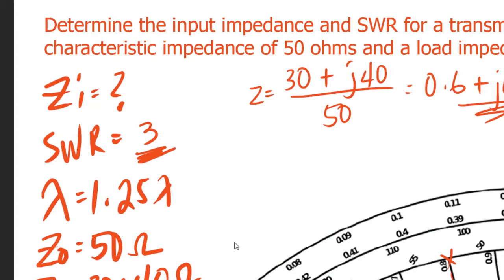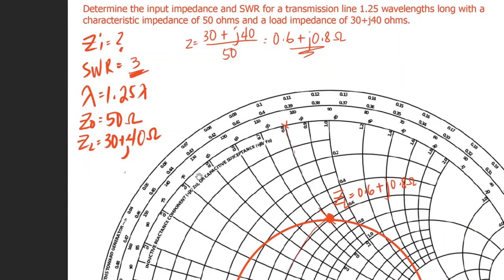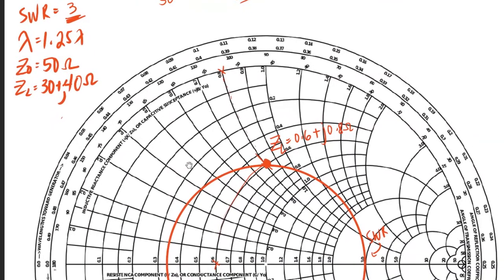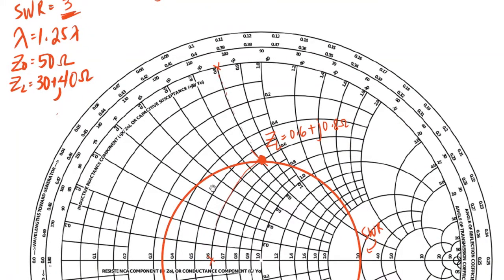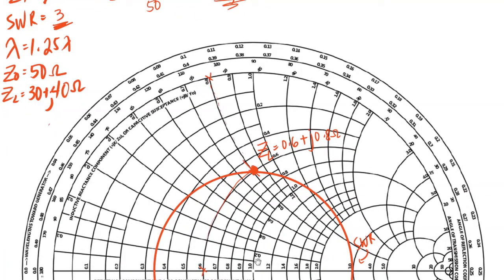It is important to remember that the Smith chart only accommodates up to 0.5 lambda, or half a wavelength. From our load, we look for 1.25 wavelengths. So we make a straight line from the center through our ZL, as we did in the previous video, then find where it lands on the wavelengths scale.